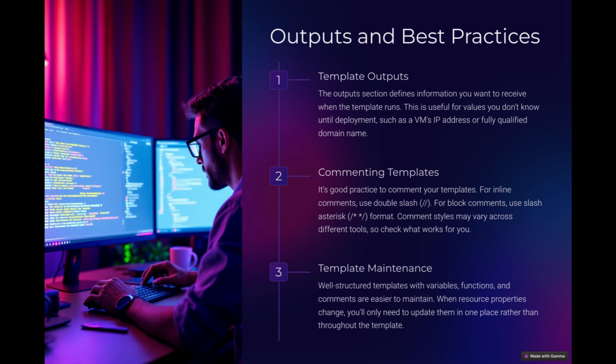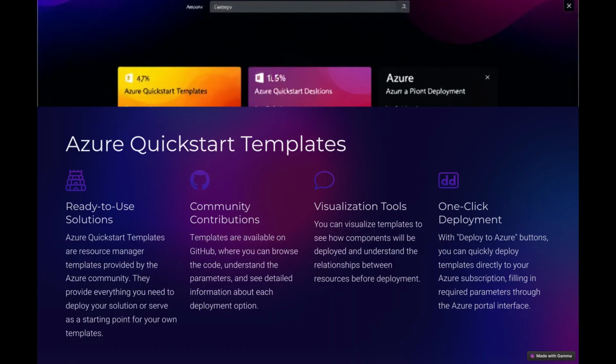Now, let's say you're new to this whole ARM template thing, or you need to deploy something common really quickly. That's where slide 5, Azure Quickstart templates, comes in. Oh, I love these. The guide introduces these, and they're this fantastic collection of ready-to-use ARM templates that the community has built and shared. Think of them as a library of blueprints for all sorts of deployments.